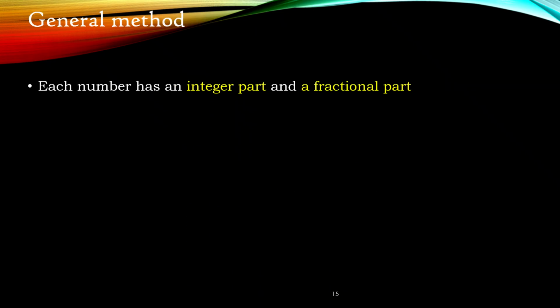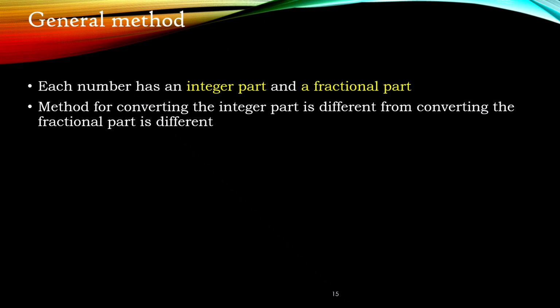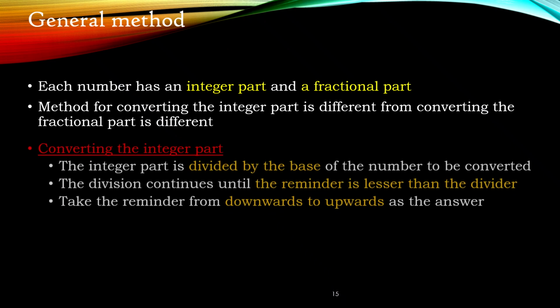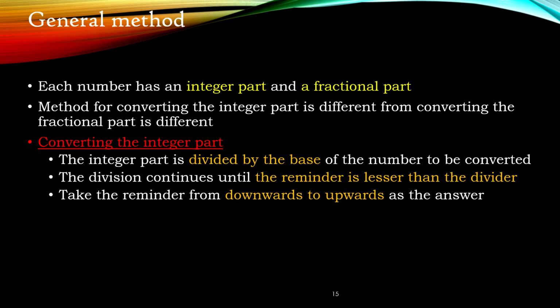Generally, we can put out the rule: if you have a number, you have to distinguish between the integer part and the fractional part. For converting, the rule is that the integer part is divided by the base of the number to be converted, and we continue the division process until the remainder is less than the divider.